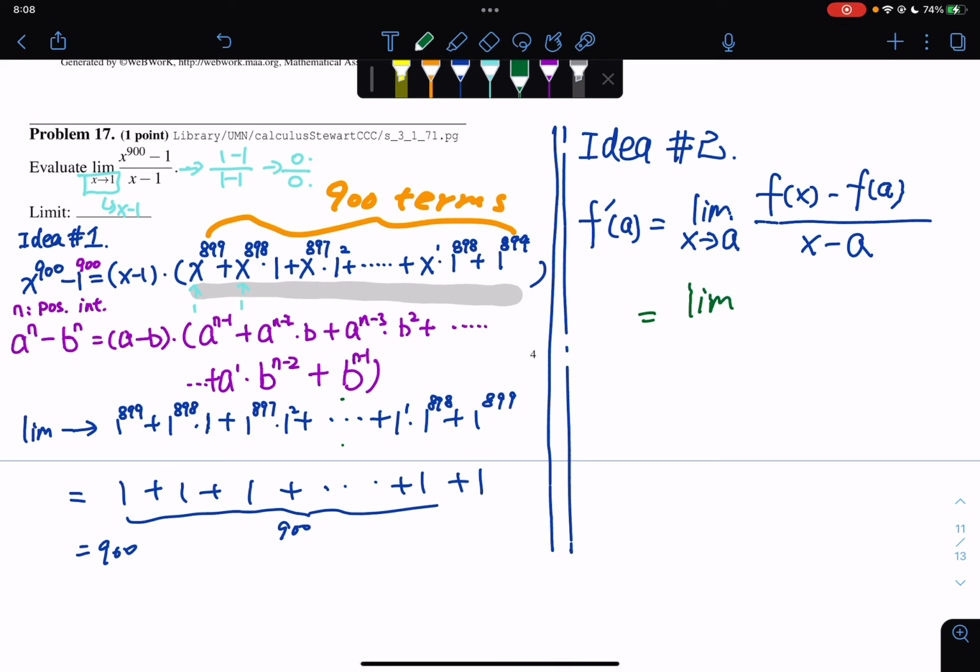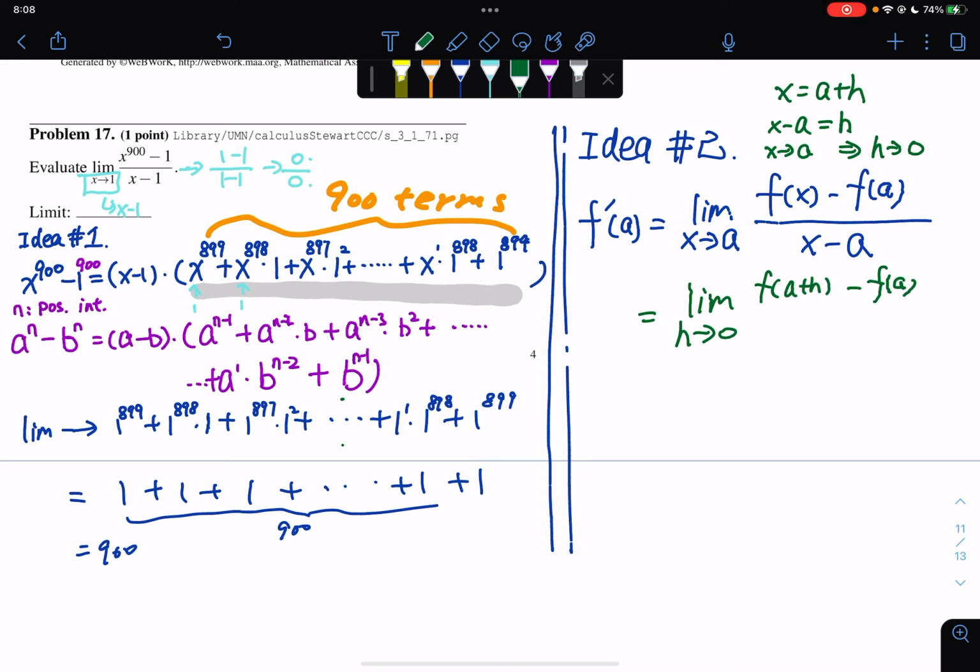If I write x to be a plus h, because x is very close to a, then x minus a is h. The difference between x and a is small, approaching 0, so it's the same as the limit of f of a plus h minus f of a over h. You must be familiar with the second definition.